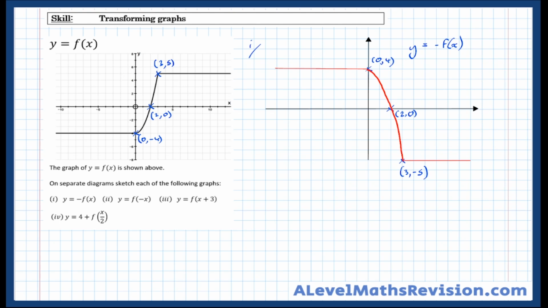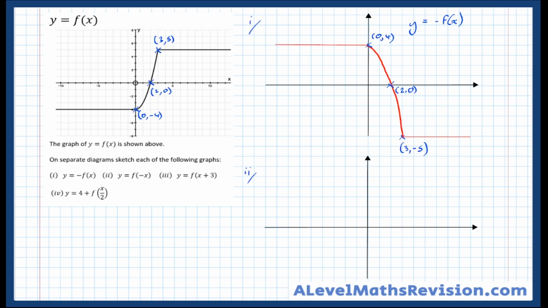So moving on, let's do part 2, y equals f of minus x. So there's the set of axes, and we can see we've attached another minus sign, this time on the inside. That means now that it's a reflection through the y-axis. So these points now, as they were, we're not going to times the y-coordinates by minus 1, we're going to times the x-coordinates by minus 1.